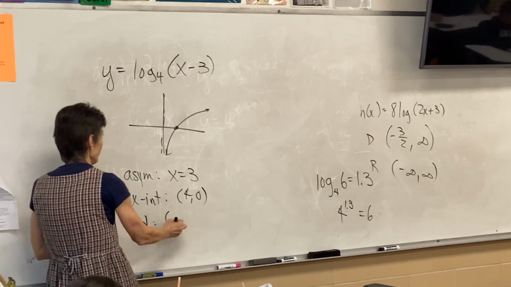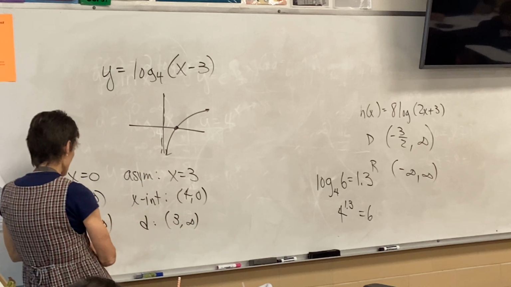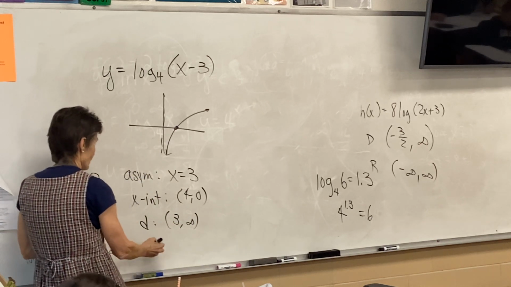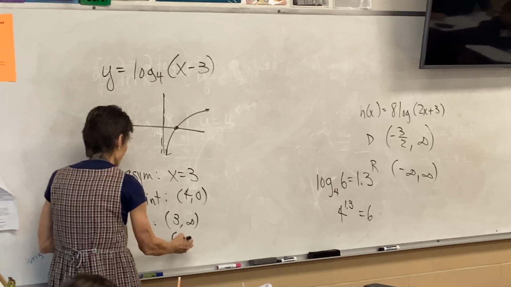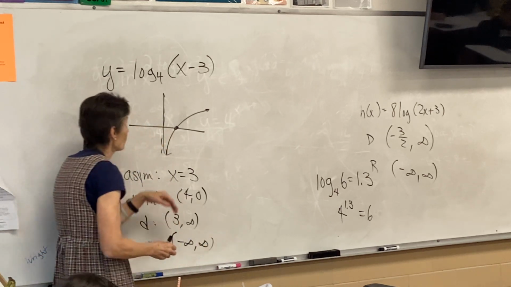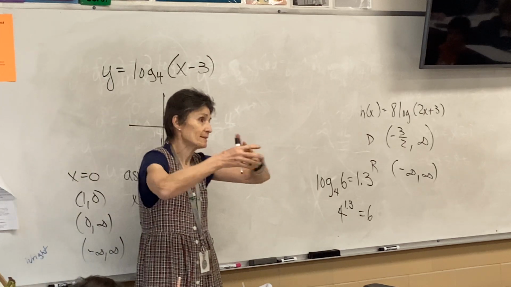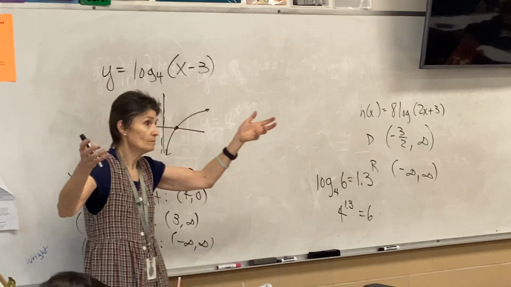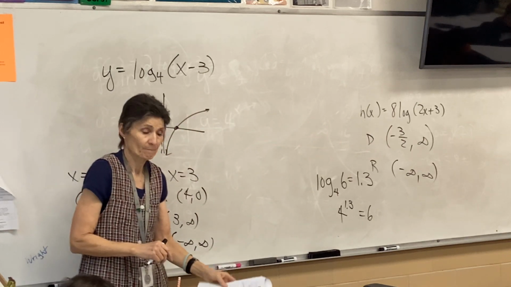What's your new one? 3 to infinity. And your original range was negative infinity to infinity. So what's your new range? Same thing, because when you mess with the x, you're only impacting the horizontal. So anything vertical isn't going to be changed.